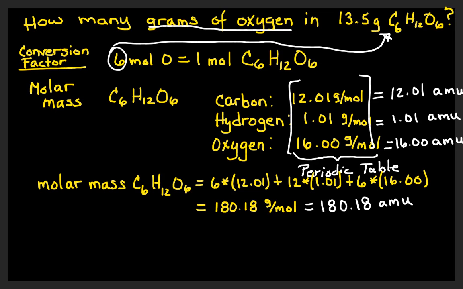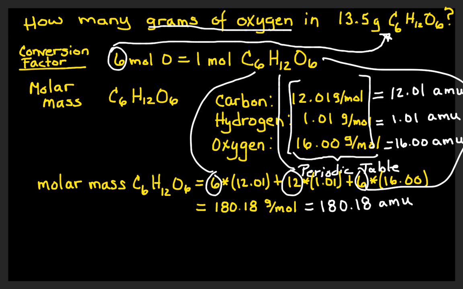Followed by that I have the molar mass, the grams per mole, for each one of those elements. Multiply, add those together, and I get an answer of 180.18 grams per mole, which is equivalent to saying 180.18 atomic mass units.